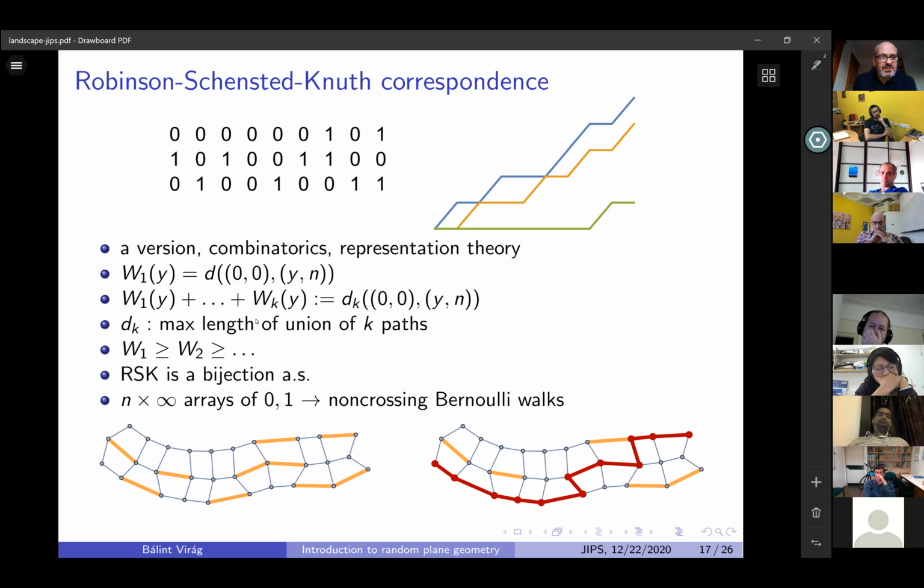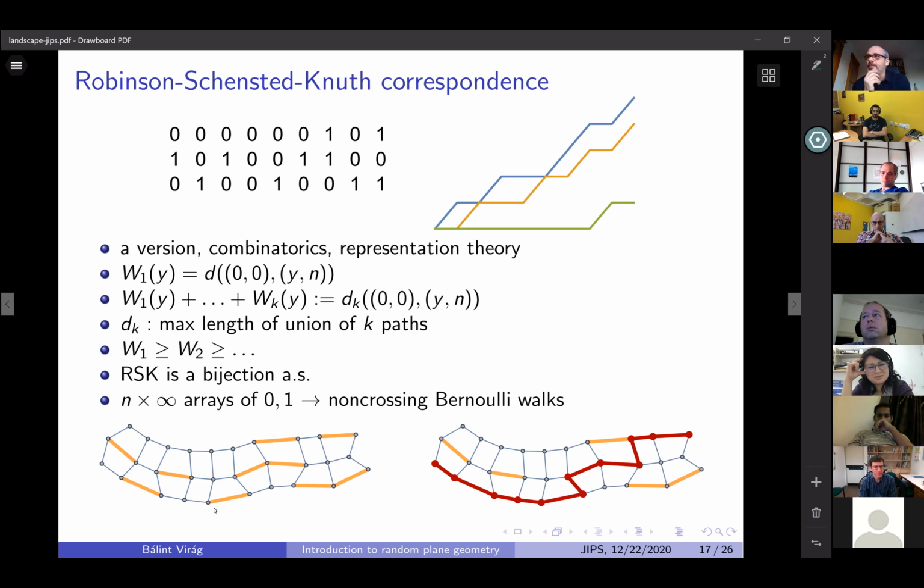I won't explain this anymore, but because it's almost surely a bijection, it should send uniform measure to uniform measure. Uniform measure on these arrays is just Bernoulli processes, that's obvious. So what's the uniform measure on the target? Well, we have these non-increasing sets of paths, so basically, they're non-intersecting random walks. Because it's a bijection, this is what you expect.